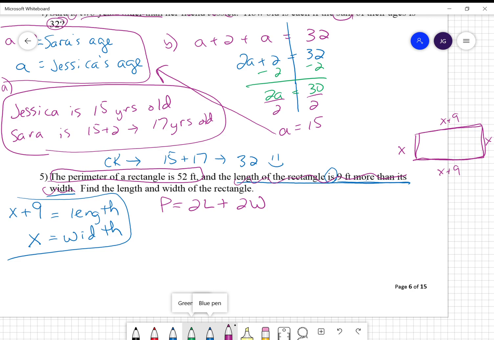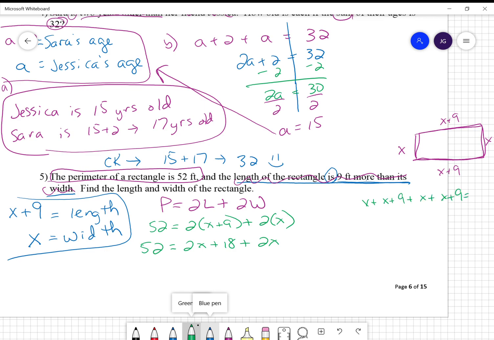If you know the formula, perimeter is 52. Length is X plus 9. And width is X. Distribute. If I didn't use the formula, I would have had X plus 9 plus X plus 9 equals 52.